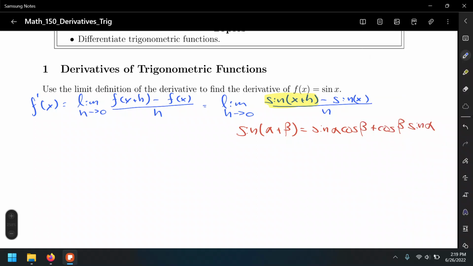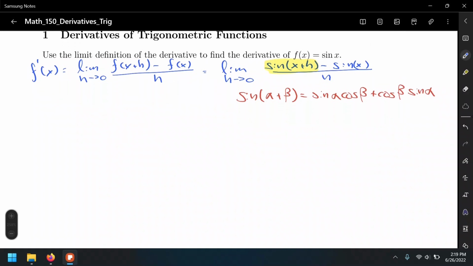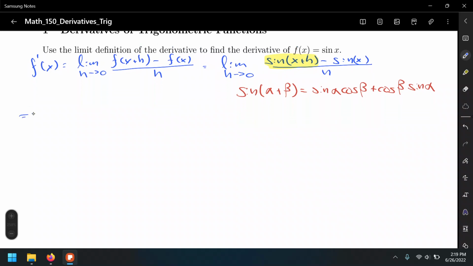So let's go ahead and write that in these terms. This will be equal to the limit as h approaches 0 of sine x cosine h plus cosine x sine h, minus the original sine function.